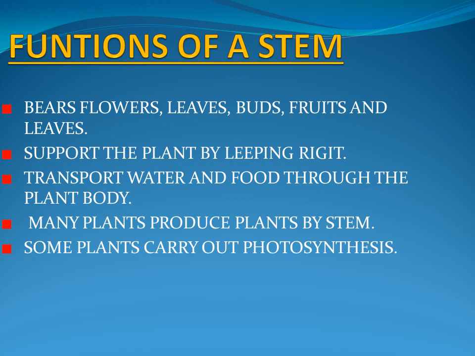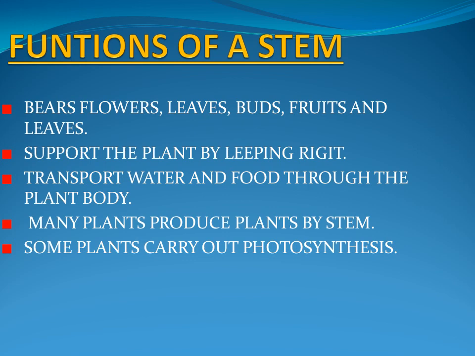As I told you, in the root system, the root is the thing which takes minerals and water from the soil, and then the root gives minerals and water to the stem.